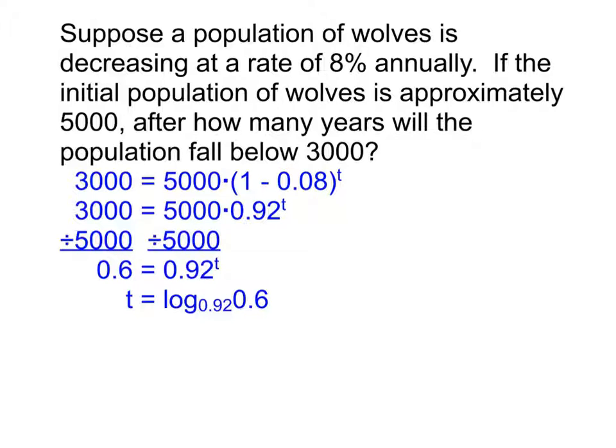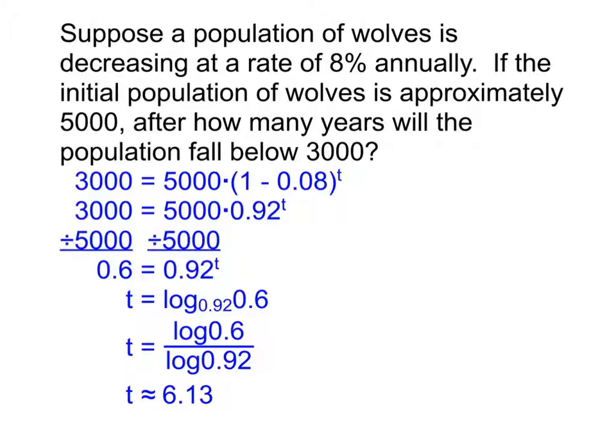All right, now to calculate, hopefully you're thinking about that change of base formula where we have to do log divided by log. The base always goes on the bottom, meaning that in this case it's going to be log of the 0.6 over log of the 0.92. Every now and then I'll see somebody who will remember how to go from here to here by remembering, oh, the big one goes here. I wouldn't do that in terms of which number is bigger than the other one.